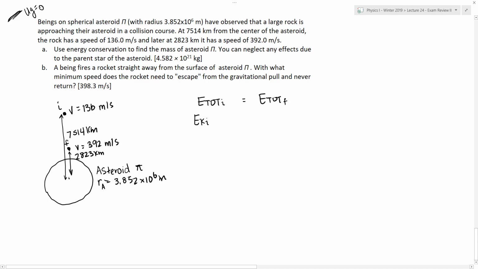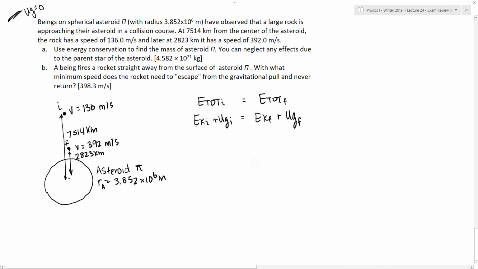So if you're not infinitely far away from the surface of the object, so in this case from the surface of the asteroid, then you're going to have a gravitational potential energy. So in the end, at the final position, it still has a velocity, so we still have kinetic energy, and it's still not infinitely far away from the center of the asteroid, so we'll still have a gravitational potential energy.